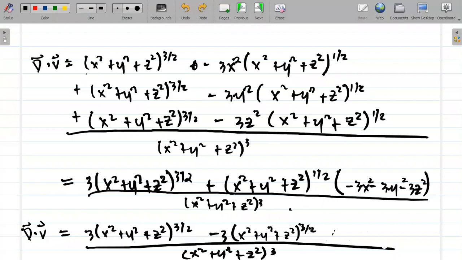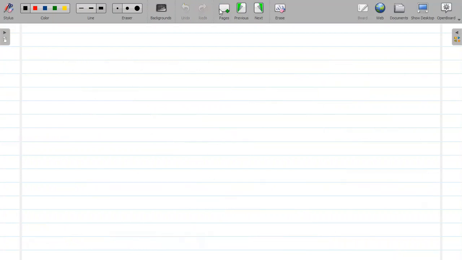Raised to 1 na lang po. Bakit siya raised to 1? 3 half minus 1 half. 3 halves to. 3 halves na yan. Di ba zero po. Exact. Zero. Very good. Oh, so 0, di ba? I-minus mo yan. So 0 siya. So, ang ating del dot v ay 0.